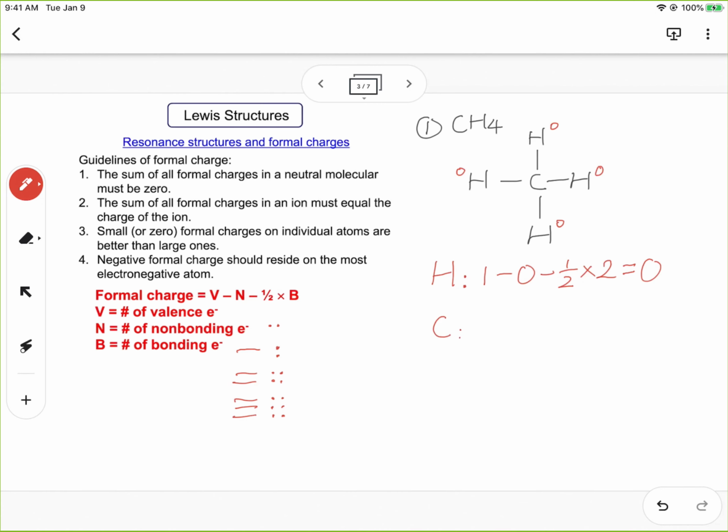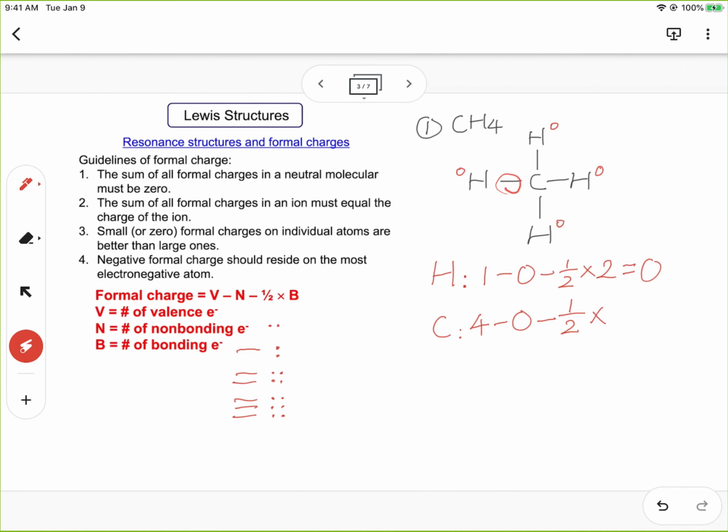How about carbon? Carbon has 4 valence electrons, group 14, remember? Non-bonding electrons: no dots around carbon, so 0, like hydrogen. Then half of its bonding electrons.